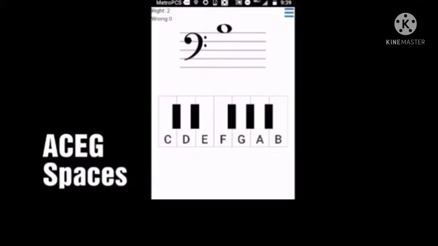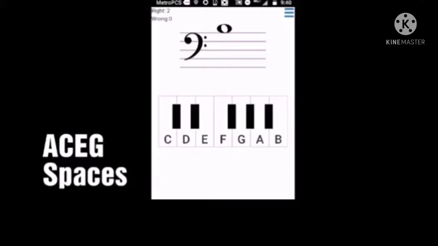That's a B. Also, while I'm at it, and this is important, if you're going down, because you want to know things in more than one way, that B comes down and that line is an A, and the next line is a G. And while I'm at it, that symbol is a Gothic symbol for F. So you have F, G being the space, A being the last line up, and B there.